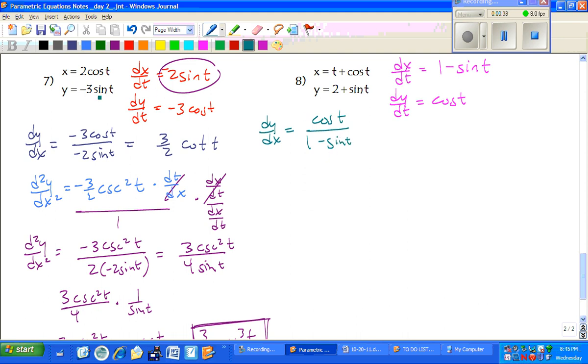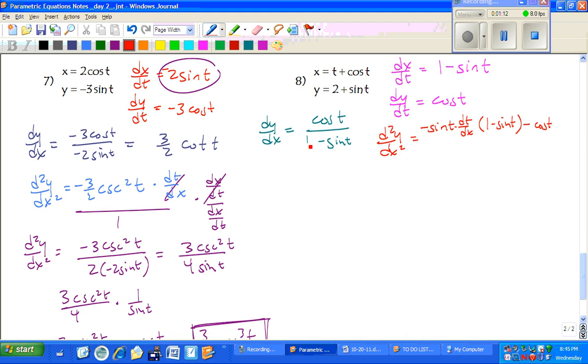So this one can't simplify like we did in number 7. We're going to have to go ahead and use the quotient rule again. So the second derivative with respect to x, so that means when we're taking the derivative of t, we have to multiply by dt/dx. Derivative of cosine, negative sine of t, times dt/dx, times our denominator, minus numerator, cosine of t, times the derivative of the denominator.